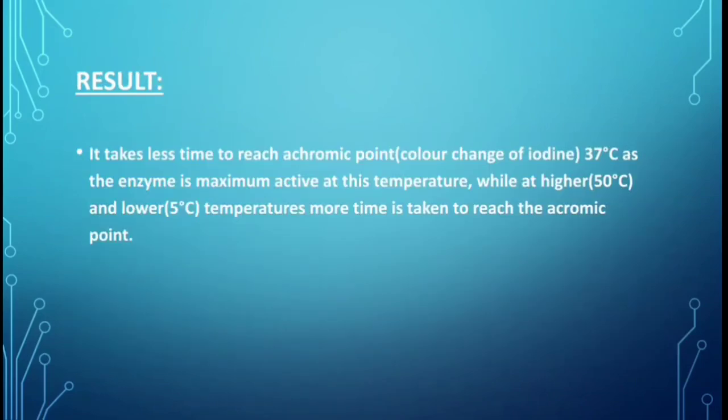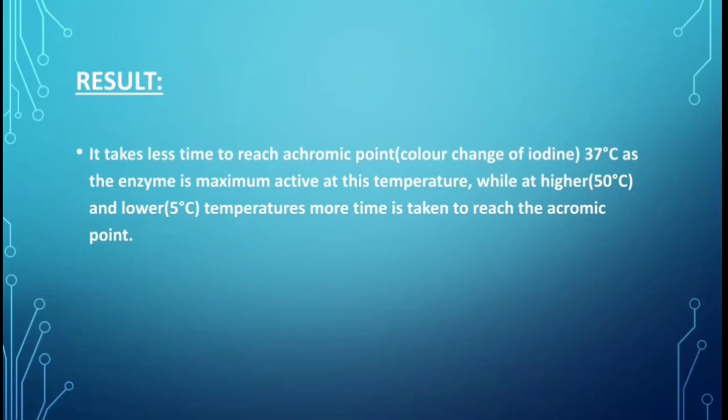Next the result. See what is written. It takes less time to reach the achromic point at 37 degrees Celsius, as the enzyme is maximum active at this temperature. As I said before, at our body temperature the action of salivary amylase will be the highest.